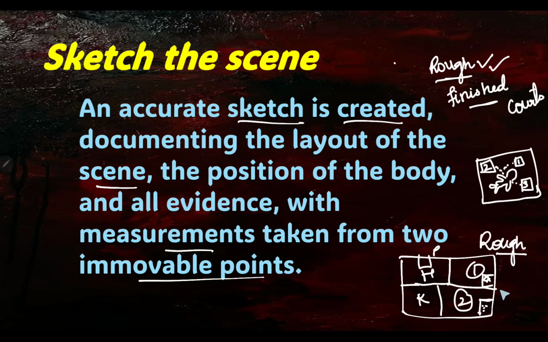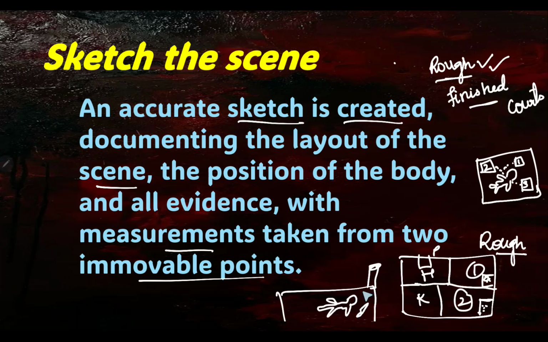I don't think in theft they will take the measurements of a point, but maybe in the case of homicide, when you have a home like this and this is the immovable point, let us take that there is a wall here, an immovable point, right? And there is a body present here. Then they will take the measurement of the body, and just think that there is a knife also present here.